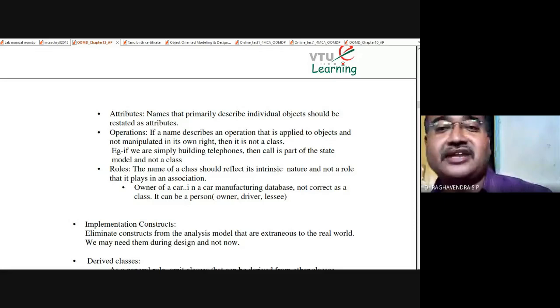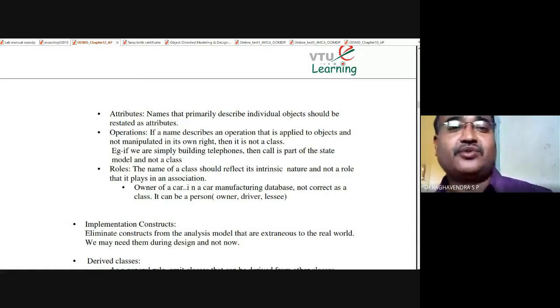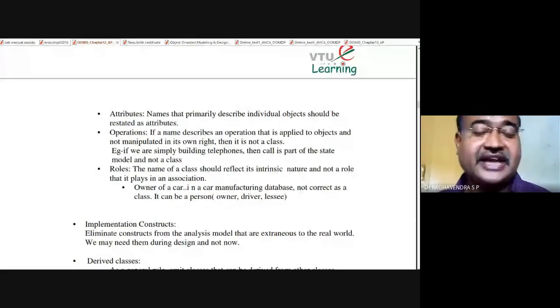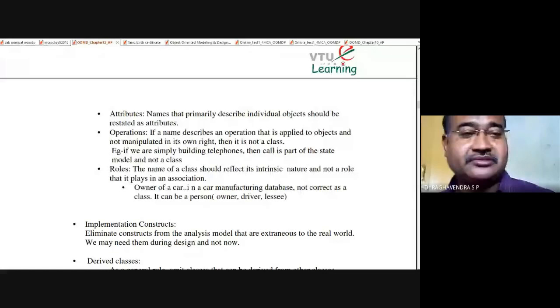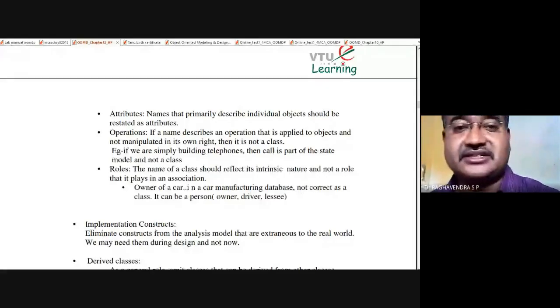Call is a particular operation there. It is not going to be a class. It should be very, very clear what is going to be an operation and what is going to be a class. You should know how to separate them: this is an attribute, this is a class, this is an operation, this is a class.